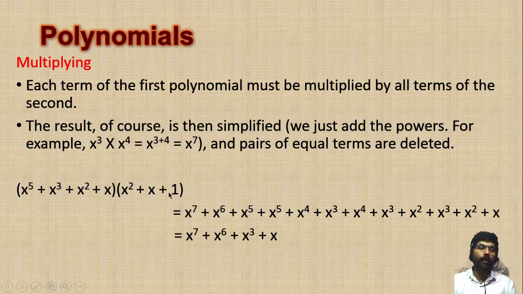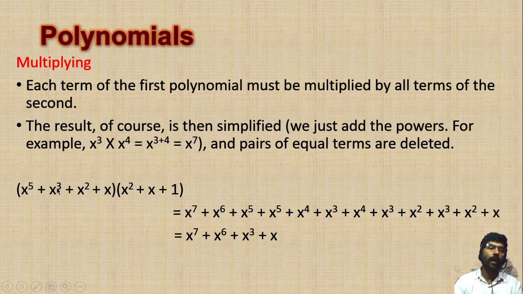Now when I have to multiply here, first I have to multiply x raised to 5 by x raised to 2. The multiplication is very simple. When I have x raised to 3 and x raised to 4 and multiply these two terms, the powers are added: 3 plus 4, that is x raised to 7.